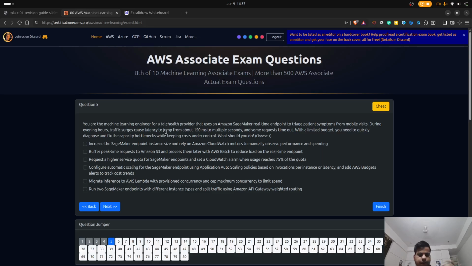Basically, 150 milliseconds is the baseline, and multiple seconds is causing the latency.